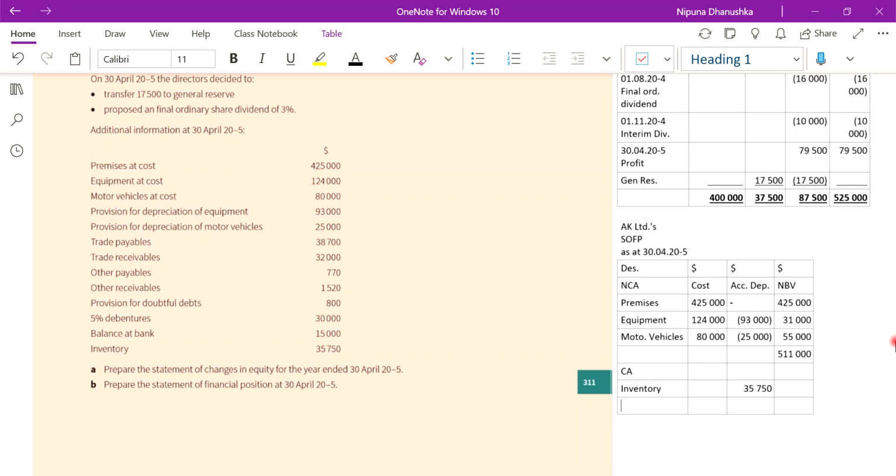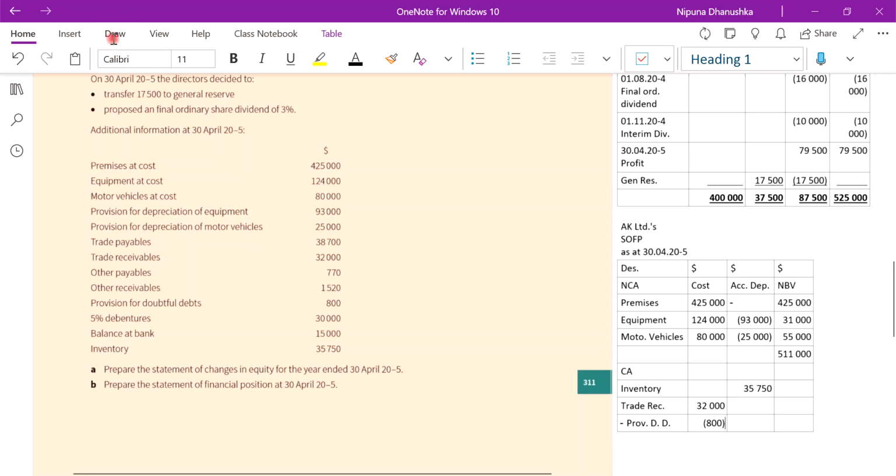Then we have the trade receivables, 32,000. From that we'll be deducting the provision for doubtful debts, which is 800.